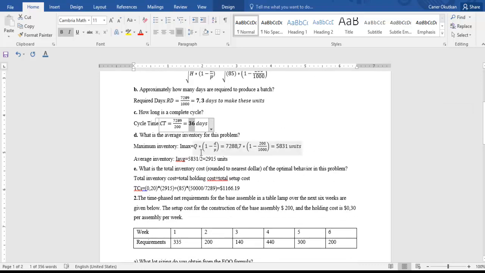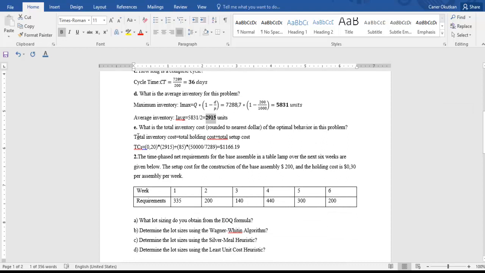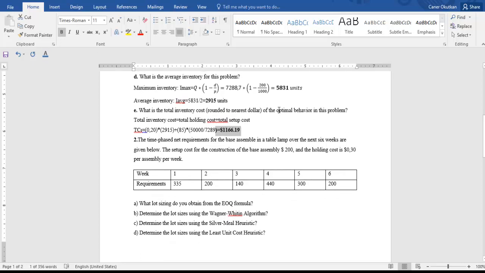To find the average inventory, we have to find the maximum inventory, and we use the maximum inventory to calculate the average inventory. In question E, we find the total inventory cost. To find total inventory cost, we calculate total holding cost and total setup cost, and the sum of these gives the total inventory cost in this question.